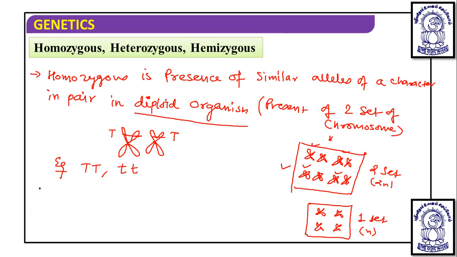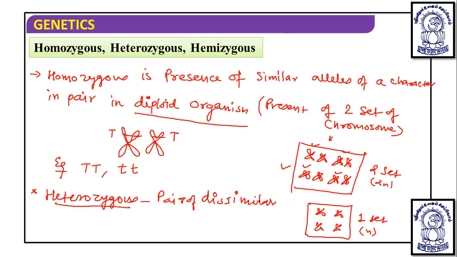In heterozygous, there is presence of dissimilar alleles of a character, a pair of dissimilar alleles in a diploid organism.